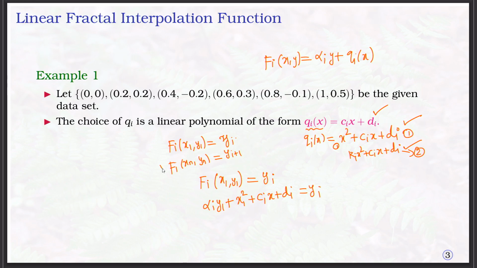Using the endpoint condition Fi(xn, yn) = yi+1, we get alpha i yn plus xn squared plus ci xn plus di equal to yi+1.